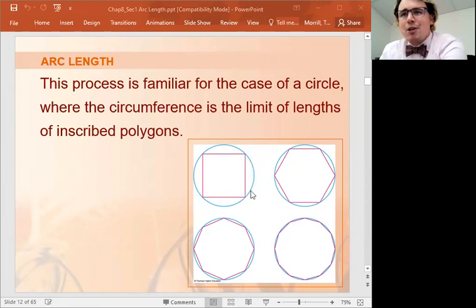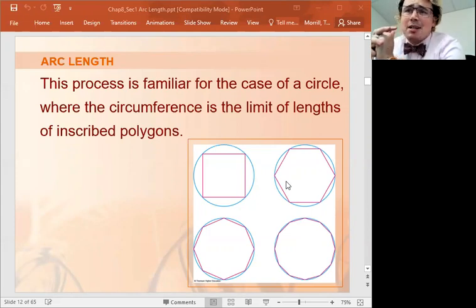And here in my picture, I have the very same blue circle copied 4 times. In pink, I have approximations with 4 line segments, 6 line segments, 8 line segments. I think that next one is 12 line segments. It's a little bit hard to make out at this scale.